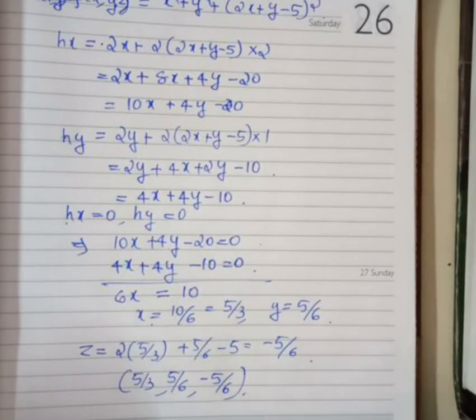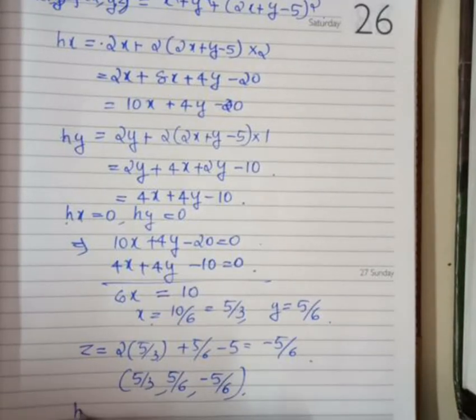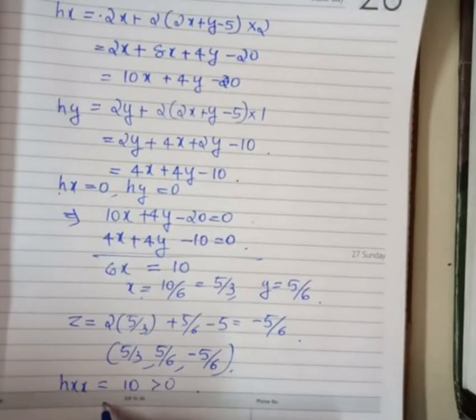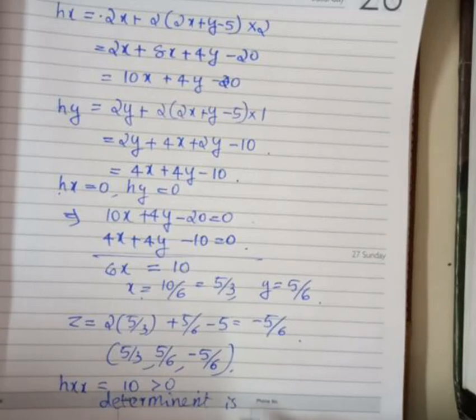At this point we have to check whether hxx becomes maximum or minimum. hxx is 10, which is greater than 0. And also we can see that this determinant is greater than 0 by using the second derivative test.